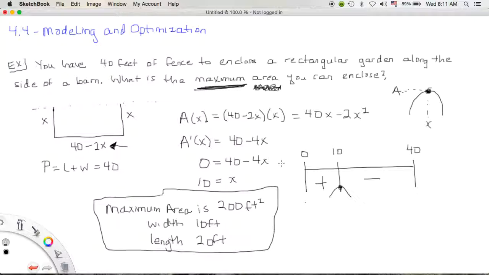So you need to make sure with word problems that you understand that there are endpoints there, just not necessarily ones that are quite as obvious. So optimization modeling: draw your picture, make your chart, get a function in one variable, take the derivative, decide what you need, maximum or minimum, test all that, and then get your answer. Make sure with word problems, as usual, that you use your units and put units on your answers.